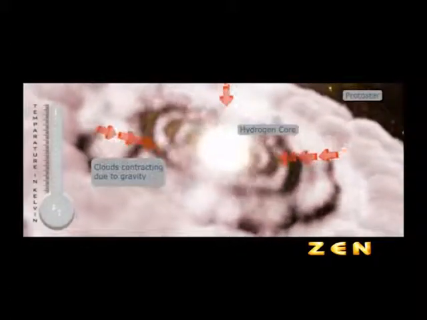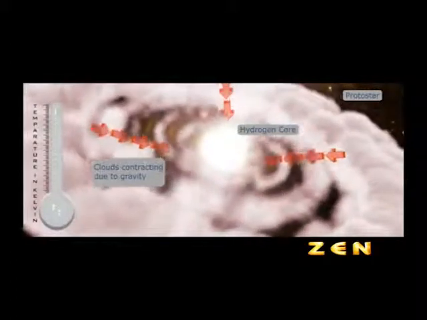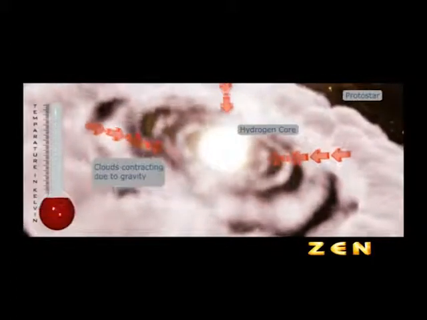A protostar has a hydrogen core and constitutes about 99% of the cloud's mass.